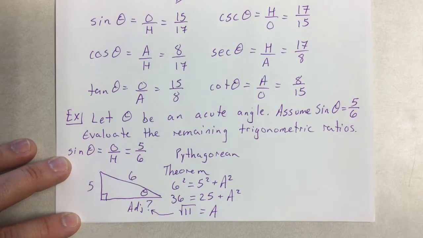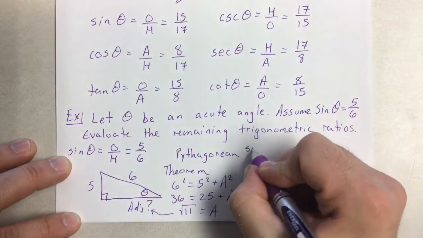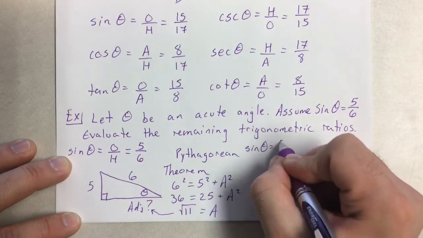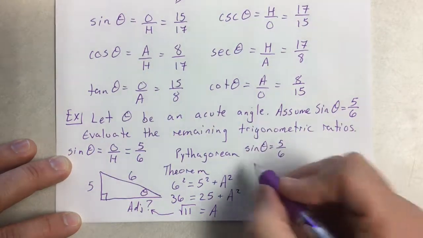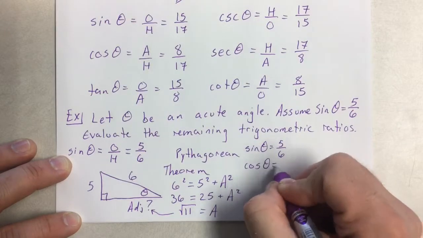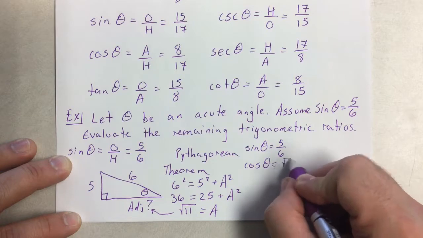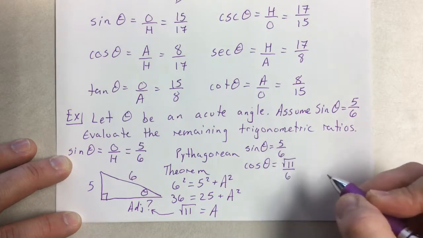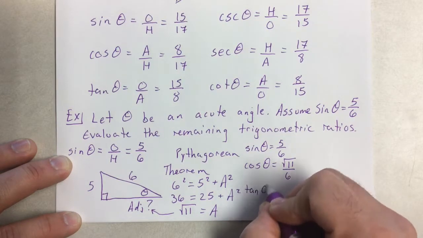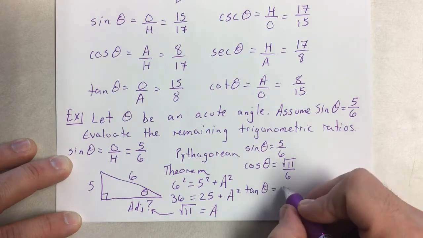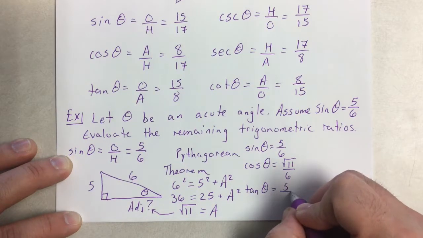We can write all of our ratios down. So sine of theta, we know, 5 over 6. Cosine of theta, we now know, adjacent over hypotenuse, square root of 11 over 6. Tangent of theta, we know to be opposite, which was our 5, over adjacent.